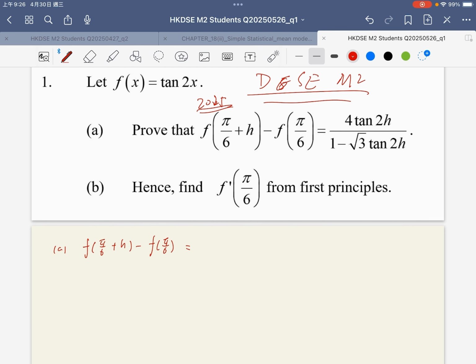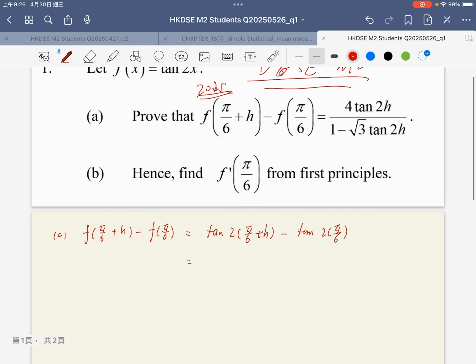In this case, we can see that it is tangent of 2 times (pi over 6 plus h) minus tangent of 2 times pi over 6. That is tangent of (pi over 3 plus 2h) minus tangent pi over 3. Tangent pi over 3 is root 3.